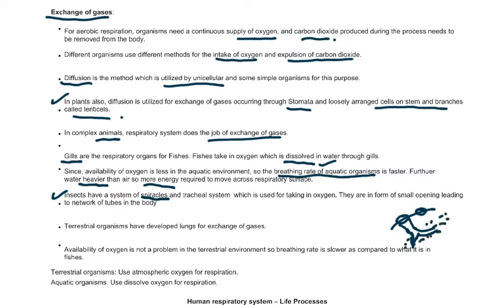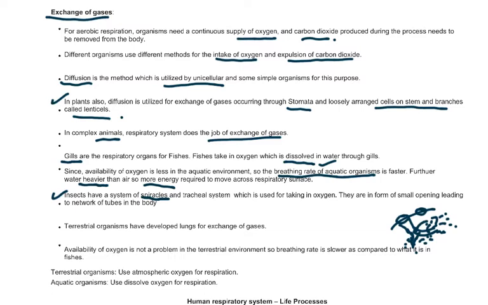Open type means the fluid has accumulated within the body cavity, not flowing in capillaries. So from the trachea the gases diffuse into the fluid, and from the fluid back diffusion into the trachea takes place, and the gases come out through the spiracle. This is the mechanism which takes place in insects.